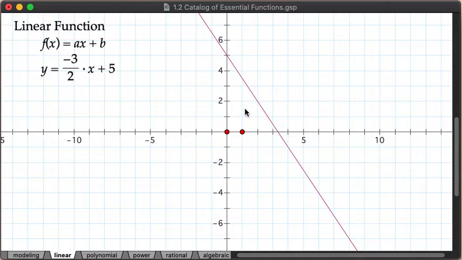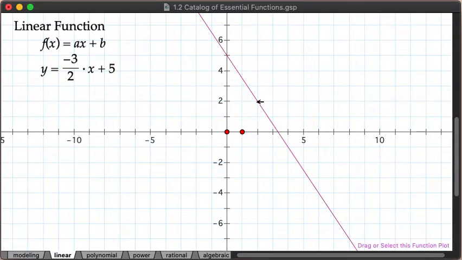And so this is a linear function, and this particular function is a decreasing function. And you should be able to tell where in this formula you actually get the fact that this is a decreasing function. It comes from the negative slope. The slope is negative 3/2.